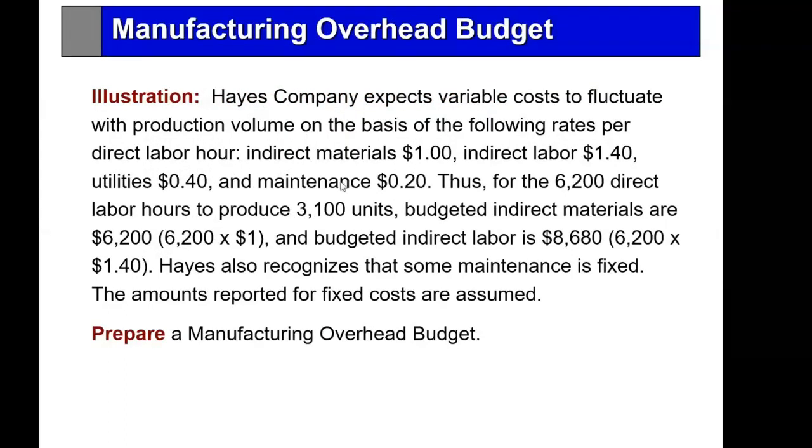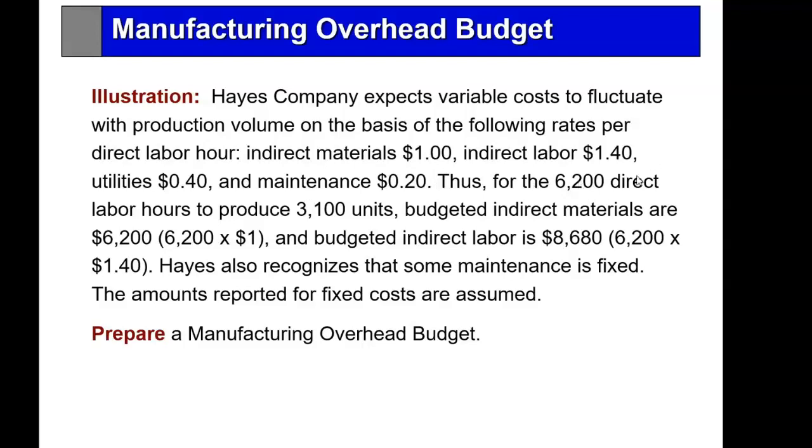So here, Hayes Company expects variable costs to fluctuate with production volume on the basis of the following rates of direct labor hours. So every direct labor hour, the indirect materials are going to be $1, the indirect labor is going to be $1.40, utilities are going to be 40, and maintenance will be 20.